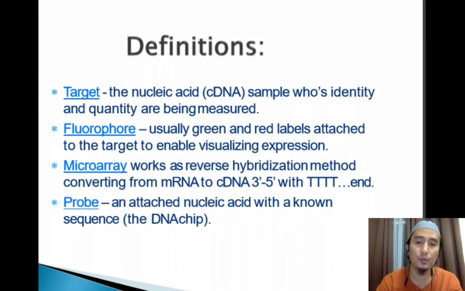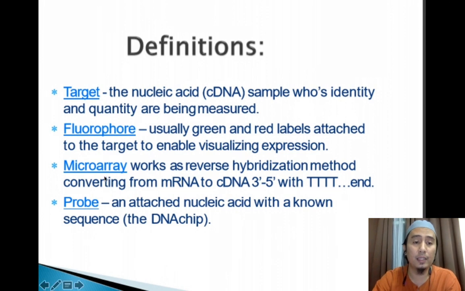Usually red is used for a sample, a virulent sample for example, to be tested, but green is used for a control. At the end, when they want to analyze, the color will appear, whether in green, red, or a combination of green and red, which becomes yellow. I will show you in this slide later on.